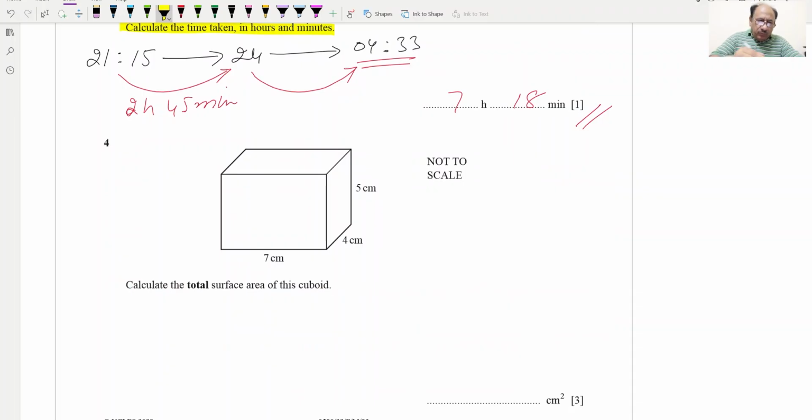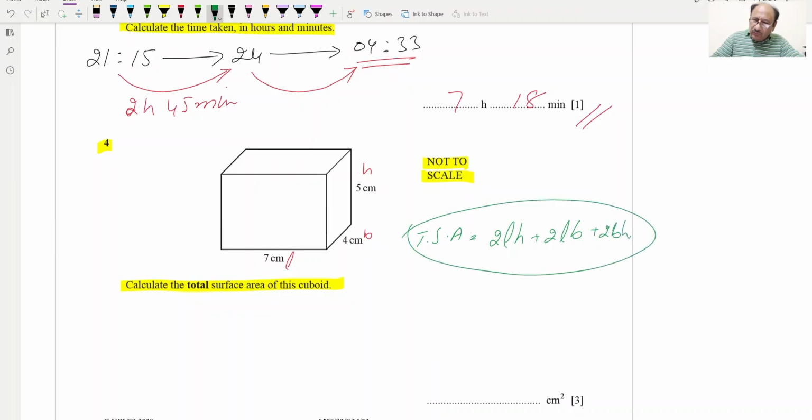Then question number 4 says the diagram is not to scale. Calculate the total surface area of this cuboid. So we can take this side as length, this side as breadth, and this side as height. The formula for the total surface area of a cuboid is 2 into LH plus 2LB plus 2BH.